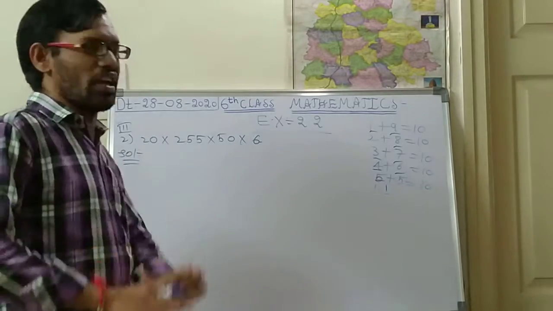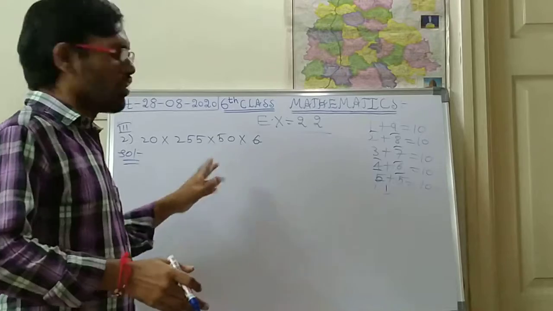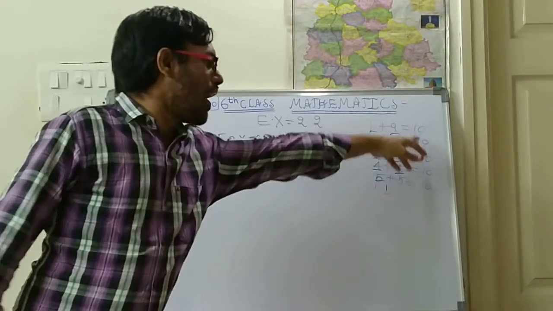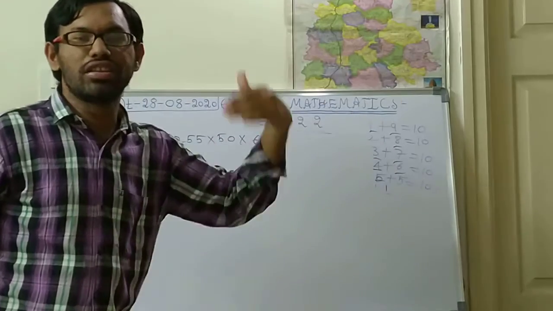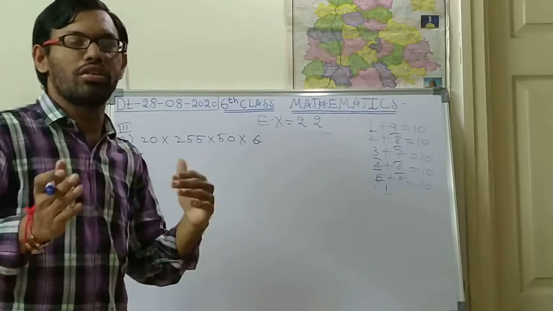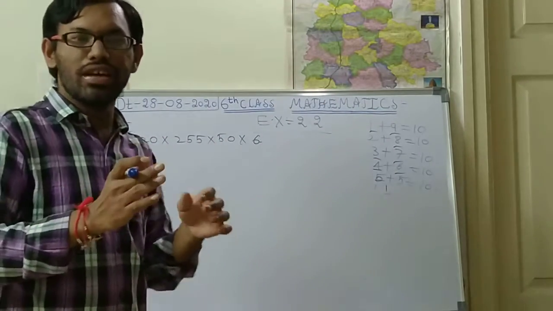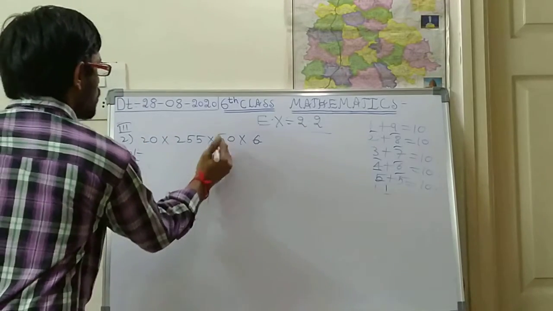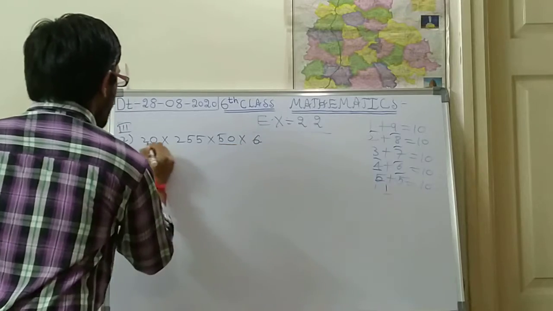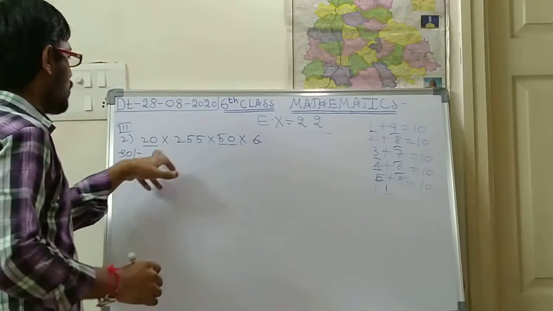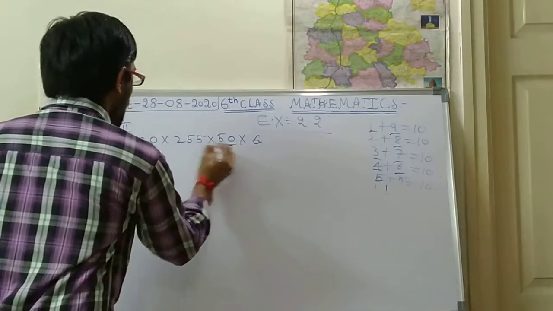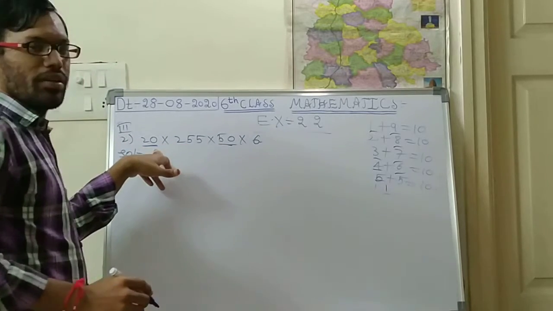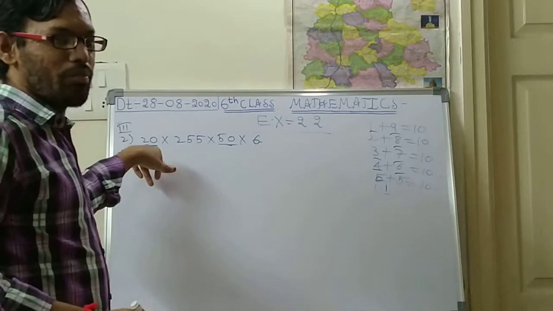Here also the same. You should multiply any two numbers so that the result comes in tens or hundreds or thousands, so that the multiplication process will be very easy. So here how should you do it? First see, children, 50 is there, 20 is there, both have zeros. If you multiply these two, it will be very easy to do the product.